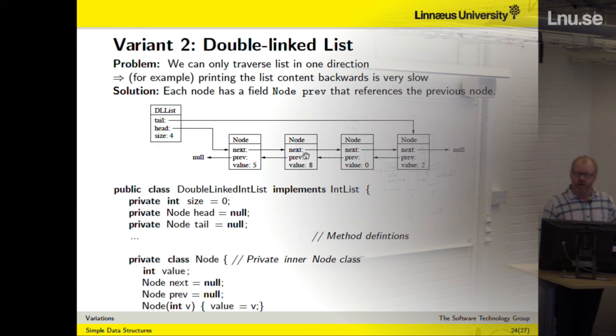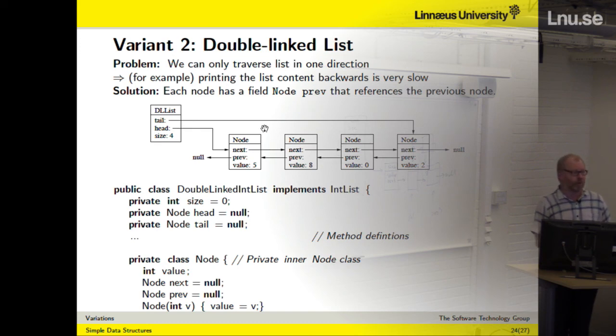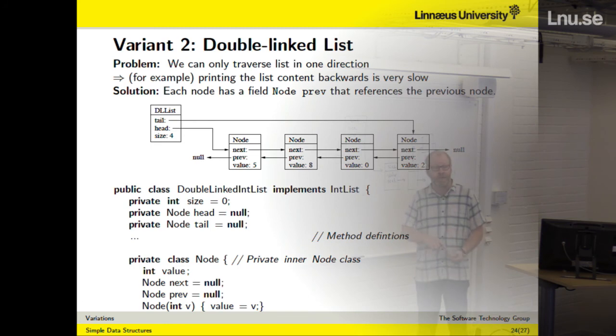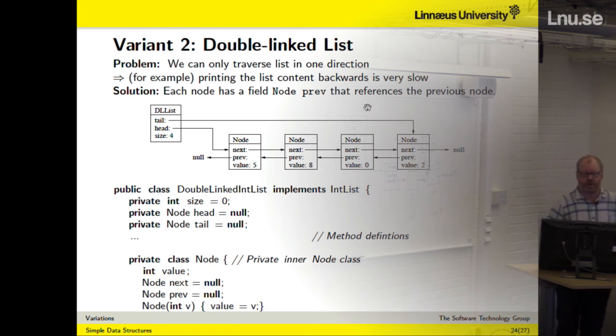Then you can move in both directions along this chain to do different operations. However, now we start to have a rather high number of different pointers, so with the remove operation, it's easier to make an error and redirect in the wrong way somewhere. But this is the approach that is used by Java in the library. They have a linked list and they are using this approach.